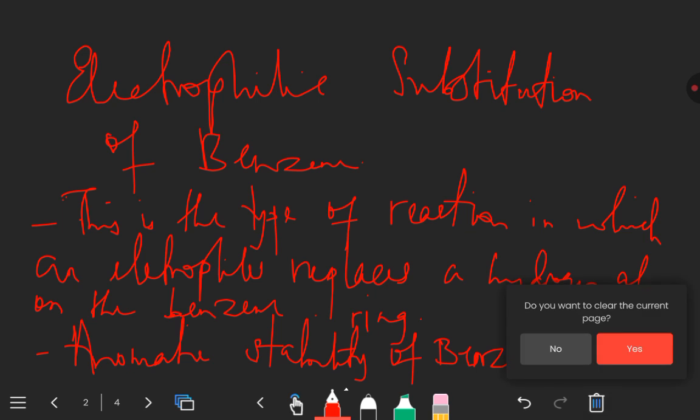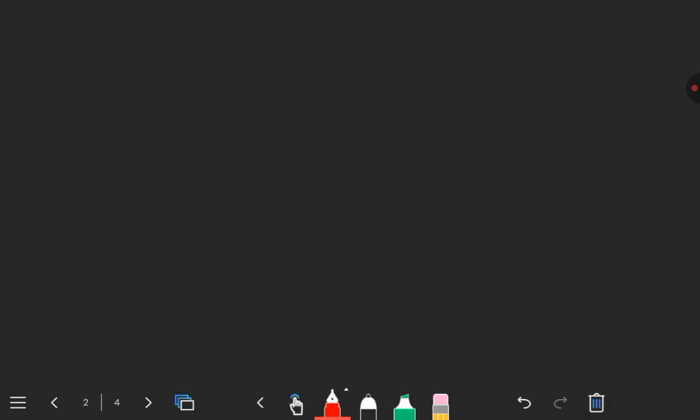Okay, so let's just look at a general reaction. We have a benzene ring like that. The formula for benzene, the chemical formula, is C6H6, plus an electrophile.